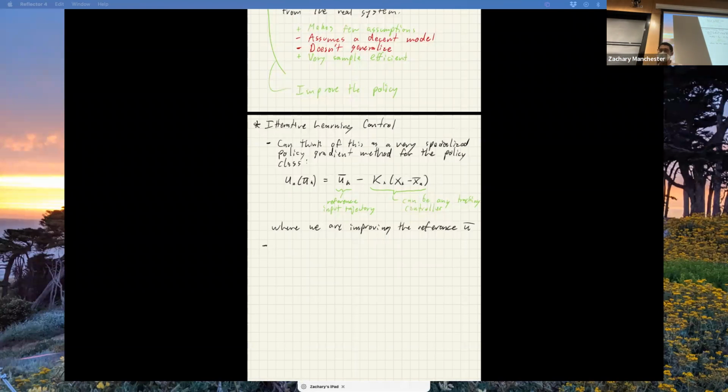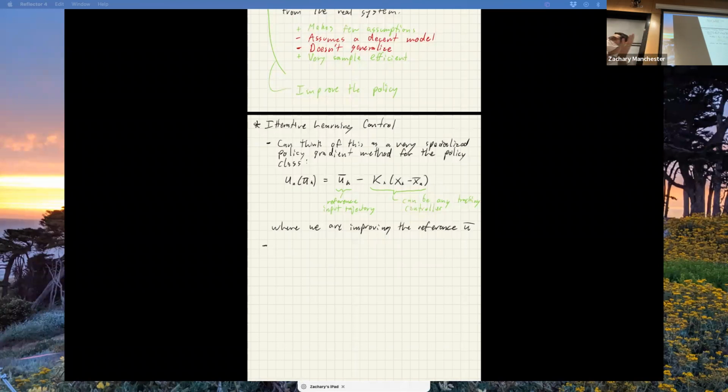Oh, sure. Yeah. That's saying you are the control inputs, right? Your control policy looks like some nominal u bar, a nominal feed-forward reference, which could be optimized offline with trajectory optimization, plus optionally some feedback controller that's doing reference tracking. That K can be any tracking controller you want.